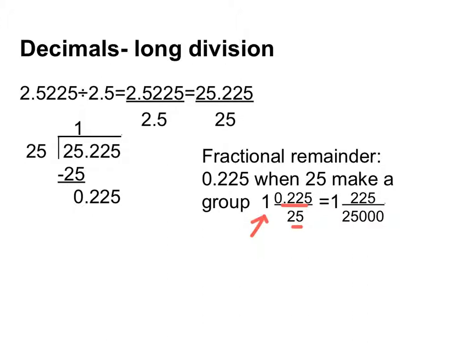Again, if you're not really comfortable with having decimals inside of fractions, then you multiply by 10 as many times as you need to shift to get rid of those decimals. In this case, we're going to multiply the top and the bottom by 1,000 because I need 3 shifts in the numerator. So 3 shifts is going to turn it into 1, and then 225 thousandths.